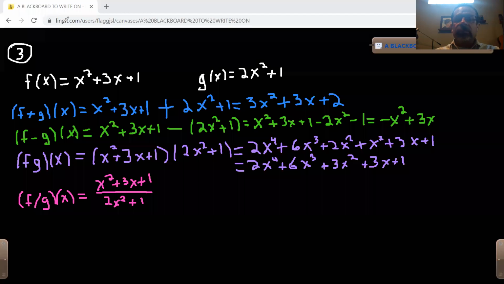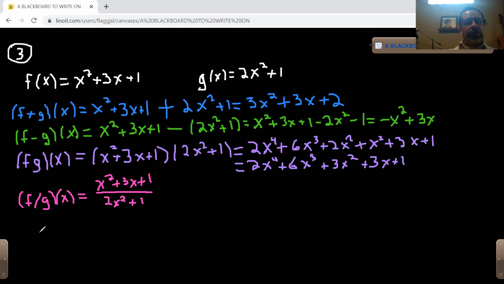And now let's look at how the composition would look. I'm going to use another color for that one. For the composition, we are being asked, if I'm not mistaken, to find f of g and g of f. So it's going to be two compositions, and I'm going to do them here.